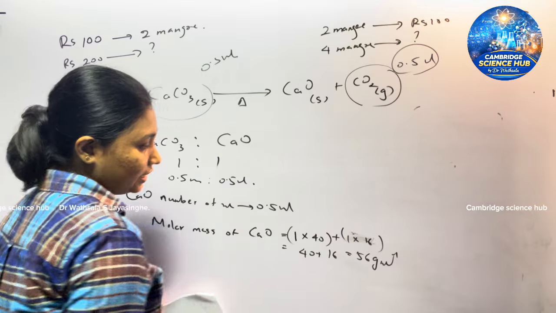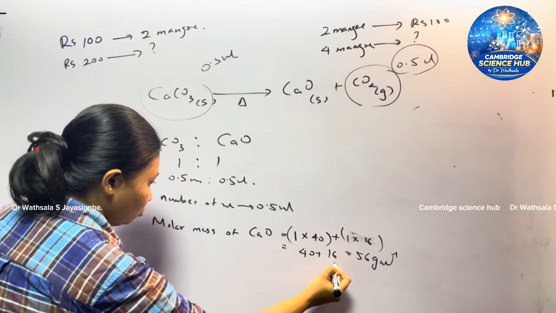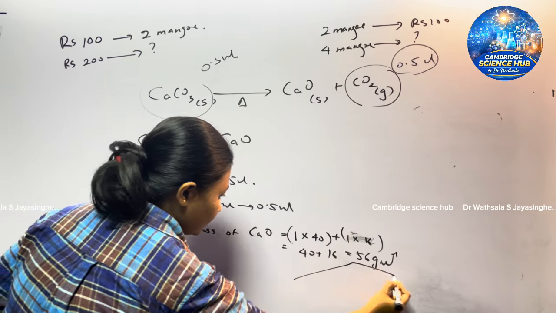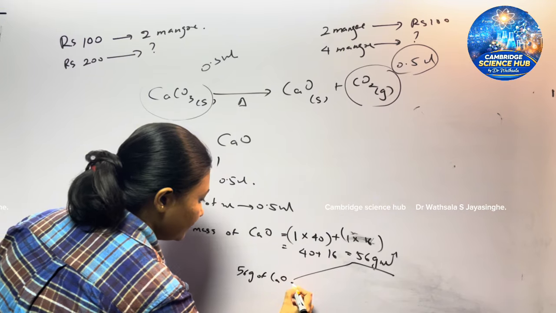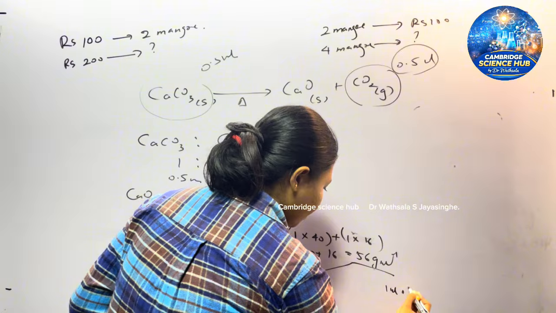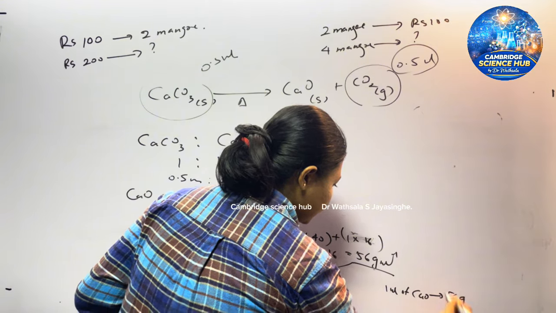Again, what does this indicate? It can be written in 2 ways: 56 grams of calcium oxide contain 1 mole, or 1 mole of calcium oxide contains 56 grams.